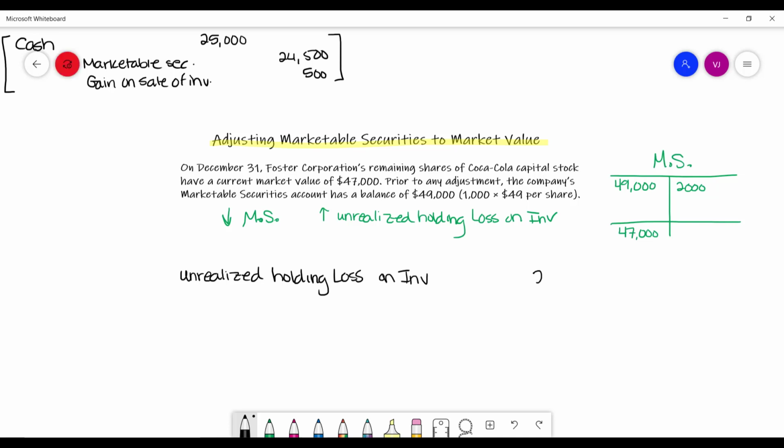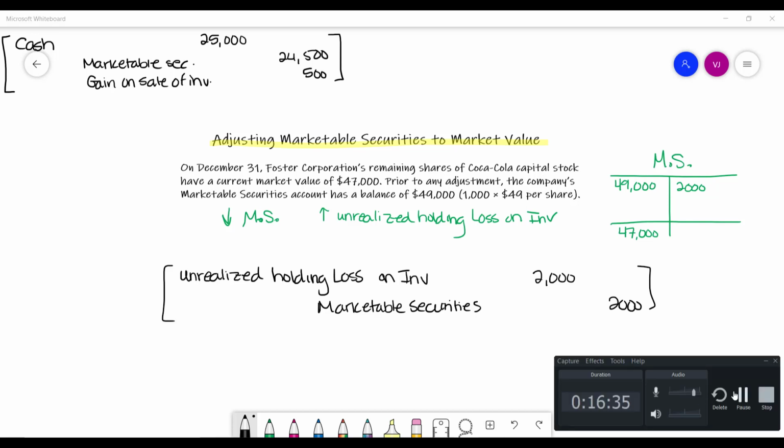It's a long one. Debit that for $2,000. We will credit the marketable securities account for $2,000. So after this entry, the new balance in marketable securities will be $47,000 to reflect current market value.